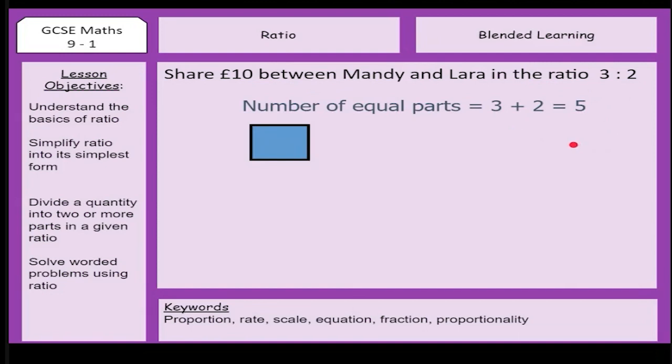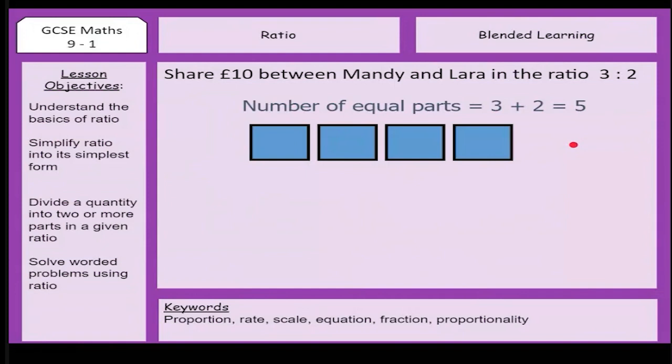So let's look at our parts. 1, 2, 3, 4, 5. If I'm sharing this £10 between these 5 parts, I'm dividing. Remember, share is another word for divide. So I'm dividing by 5.